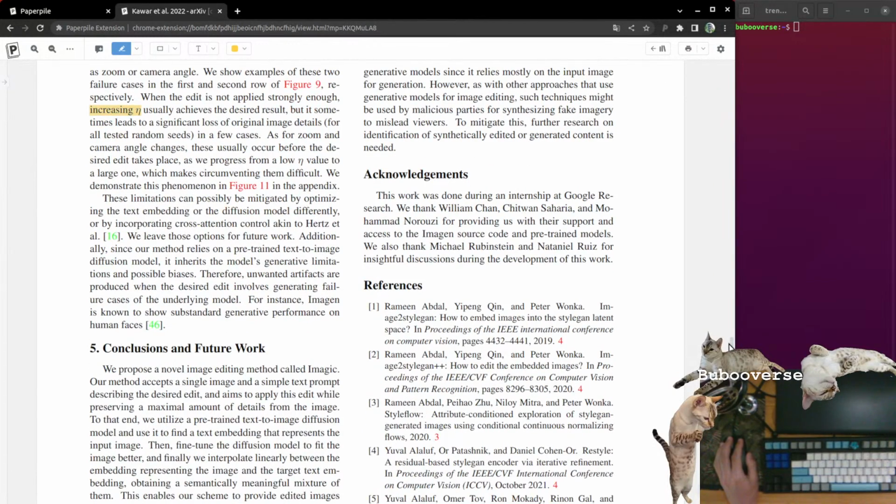Let's go back up. Optimizing the text embedding differently, right? Incorporating cross-attention control.